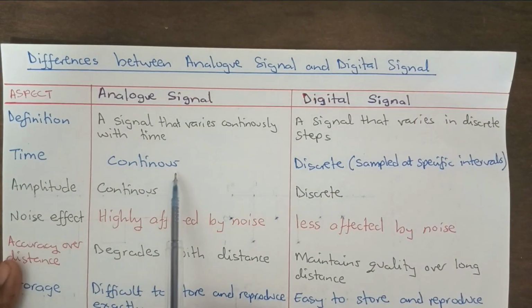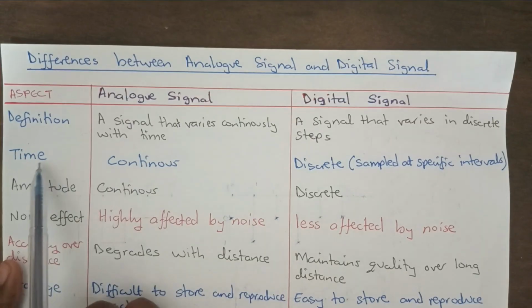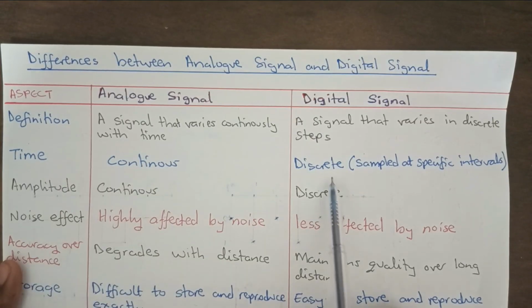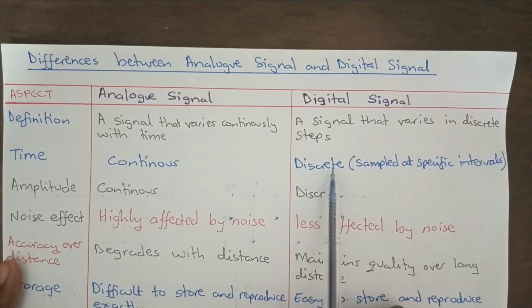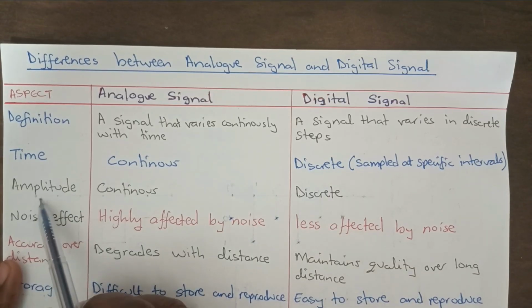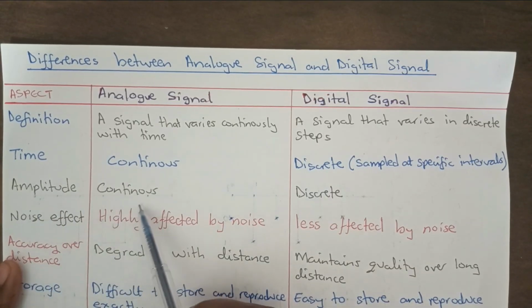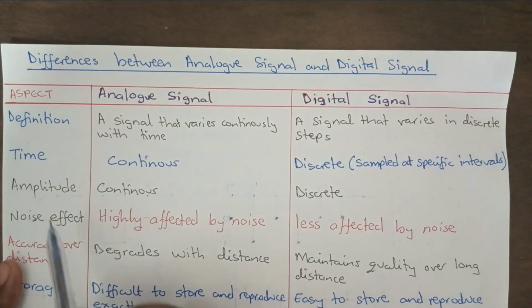And time in digital signal is discrete. That's why we say at t0, at t1, at t2, at t3. Amplitude for an analog signal is continuous. Let's say between -1 and 1. At each and every time, we have got a value. But in digital signal, it's discrete.